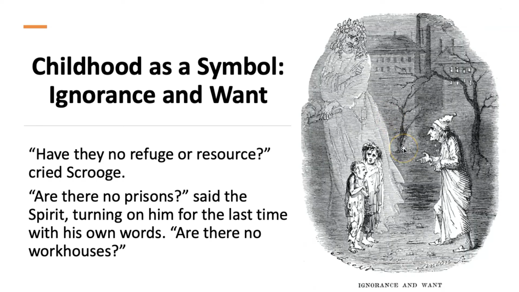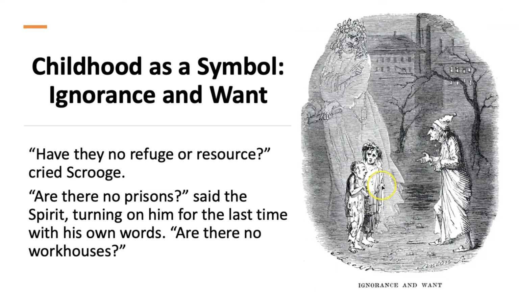This is Dickens' way of saying to the reader, look, I'm not just writing about Tiny Tim as this pathetic little character who I'm going to kill off to get your sympathies. I'm writing about Tiny Tim because he represents all children who are suffering from extreme poverty in Victorian England.